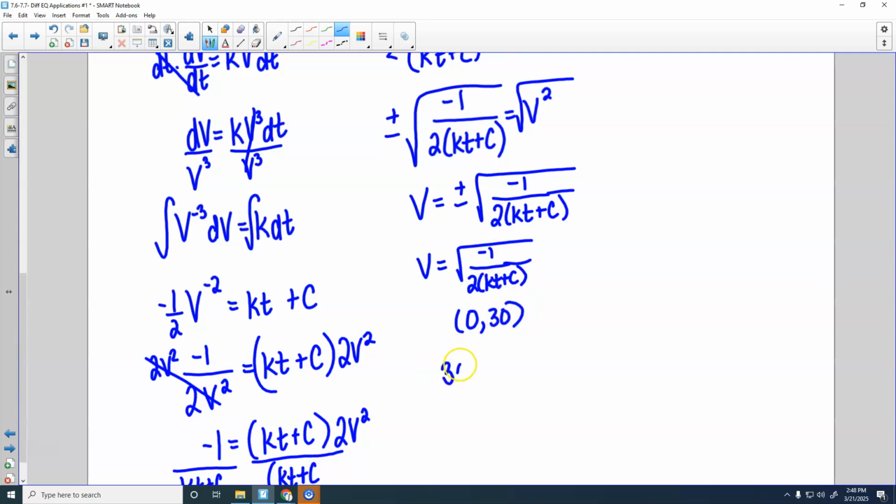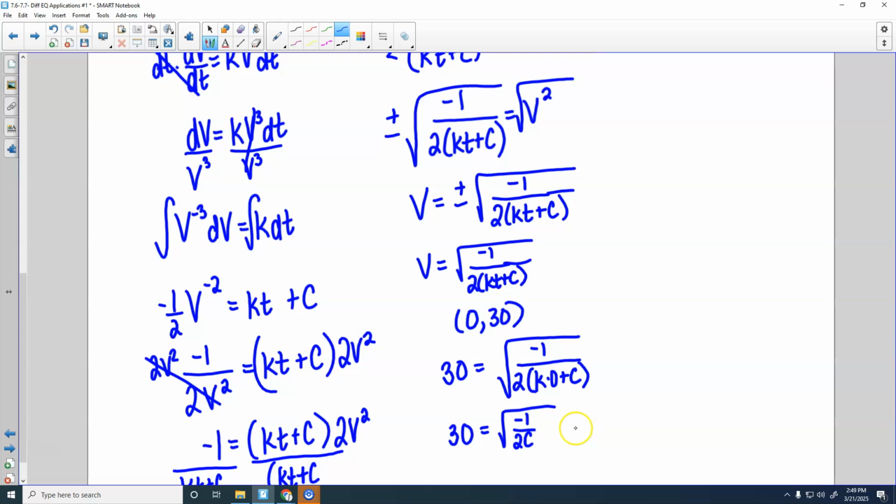So that would be 30 equals the square root of negative 1 over 2 times K times 0 plus C. So 30 will equal the square root of negative 1 over 2C.